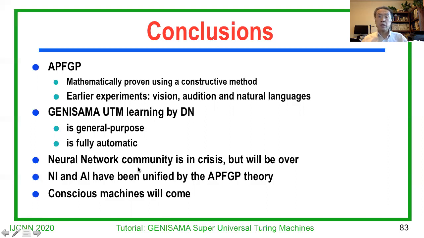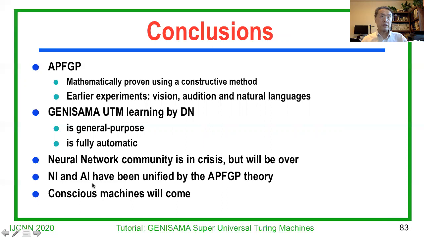The neural network community is in crisis, but if we look at this method here, the crisis will be over. But it depends on whether you are open-minded or not. You can stick to traditional AI until it's too late.